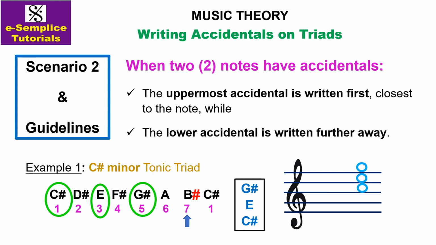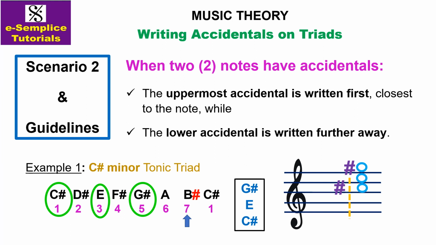Let's look at the first guideline. The uppermost accidental is written first, closest to the note. So G receives its accidental first, written close to the note, and C sharp receives the accidental second, further away from the note. Please note, the space occupied by the upper accidental must be respected.